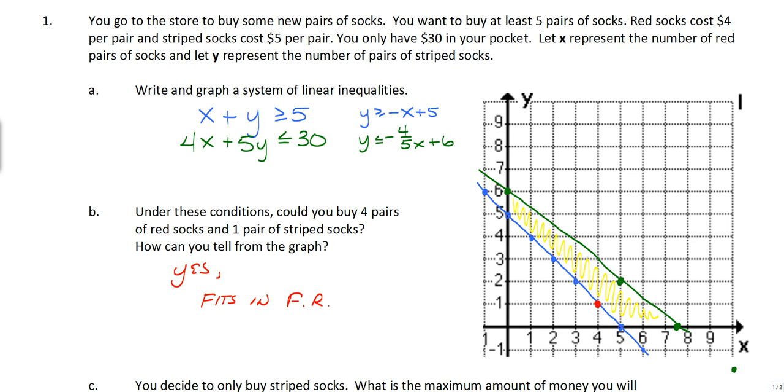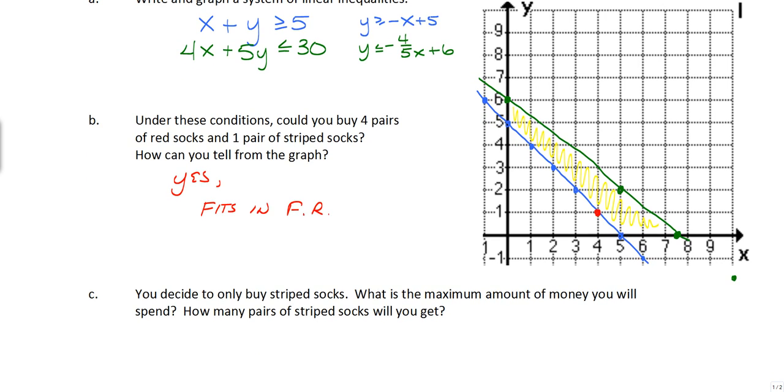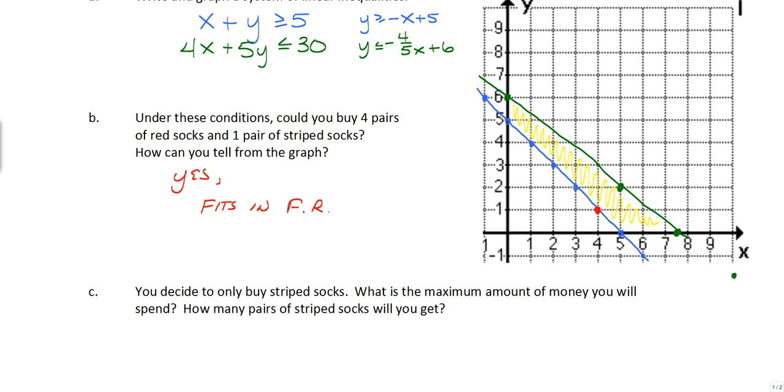Okay, so continuing to look at this, it says you decide that you're only going to buy striped socks. So if you're only going to buy striped socks, remember, striped is Y. What is the maximum amount of money you will spend, and how many pairs of striped socks will you get? So we're going to look at Y, and we want to be as high up as we possibly can, but still be on or within this feasible region.